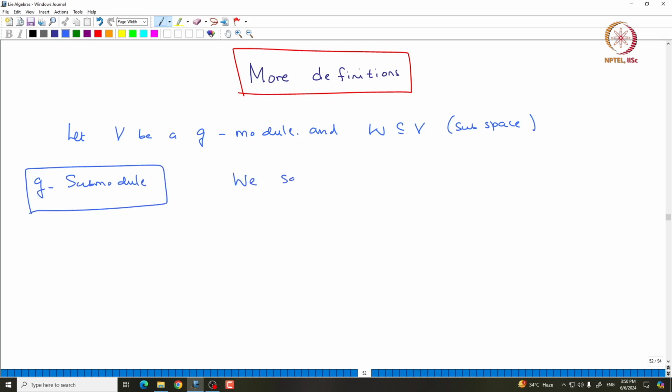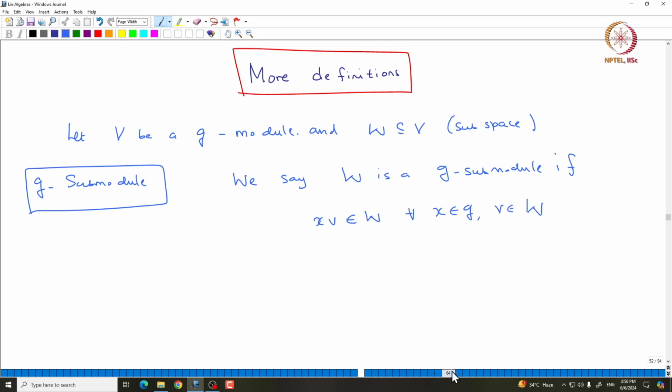We say W is a G submodule if whenever we take an element x in G and a vector v in W, the action of x on v should be inside W, for all x in G and v in W.